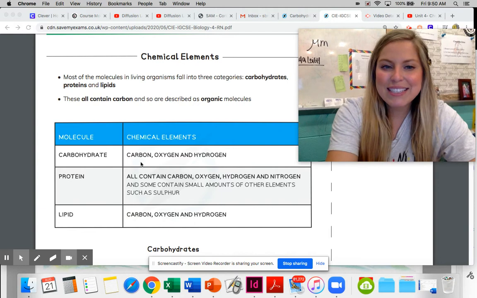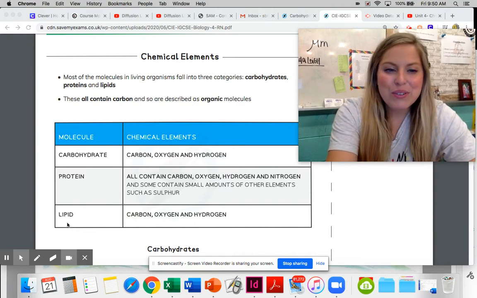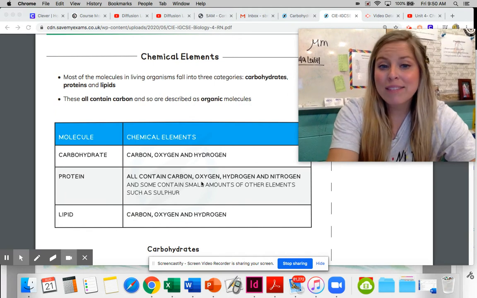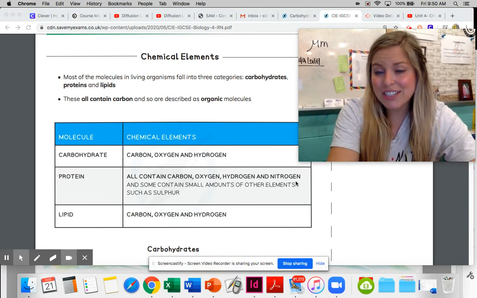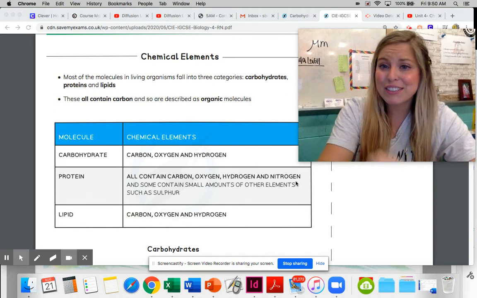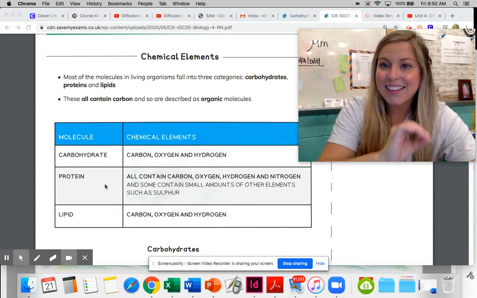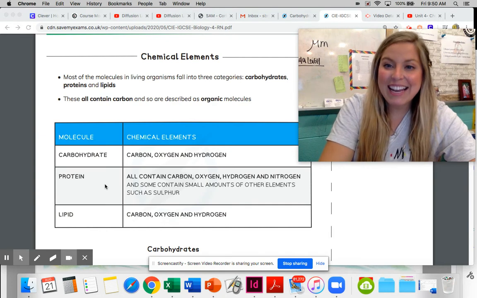So carbohydrates contain carbon, oxygen, and hydrogen molecules. Lipids contain carbon, oxygen, and hydrogen as well. So if we shorten that, we can say carbohydrates and lipids are CHO, and then we have proteins that contain carbon, oxygen, hydrogen, and nitrogen, which makes, if you take all the first letters, CHON. So CHON, that's what they are created out of.